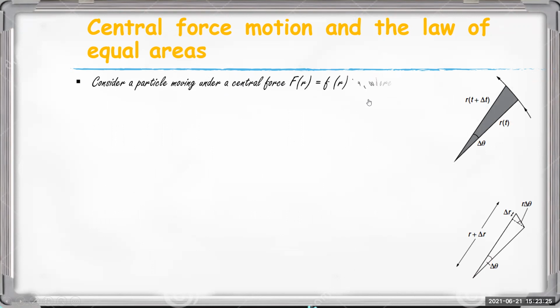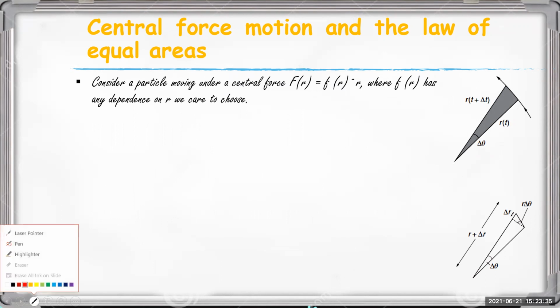Here we consider a particle moving under a central force. The force is taken as F of r equal to f of r r cap, where f of r can depend on r in any way we choose.